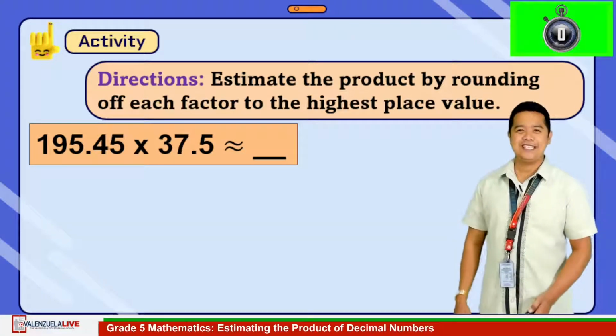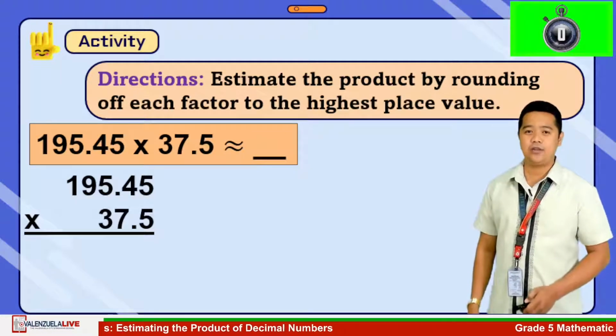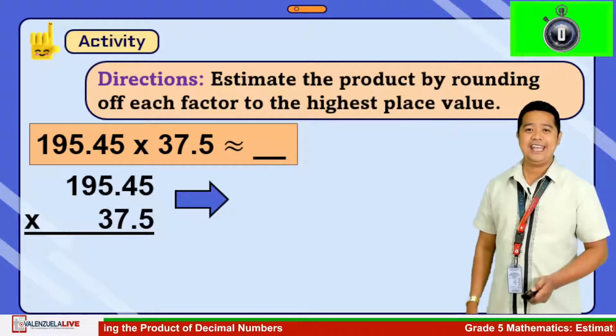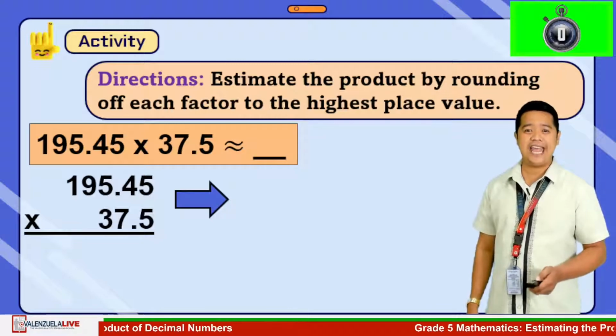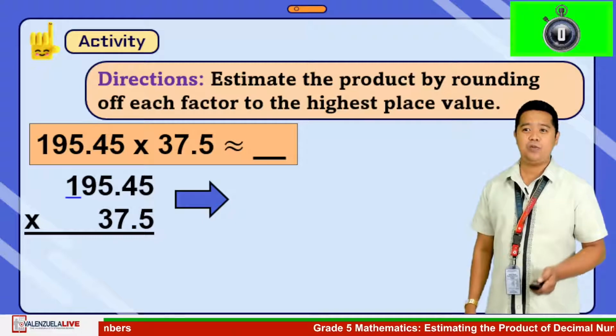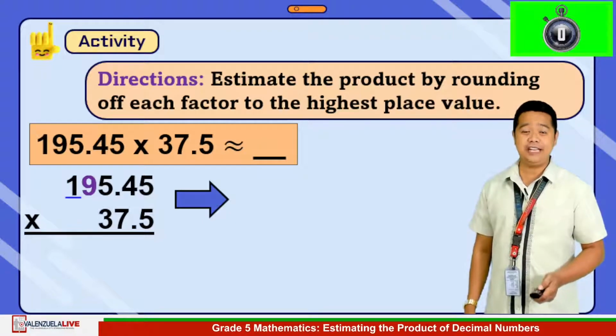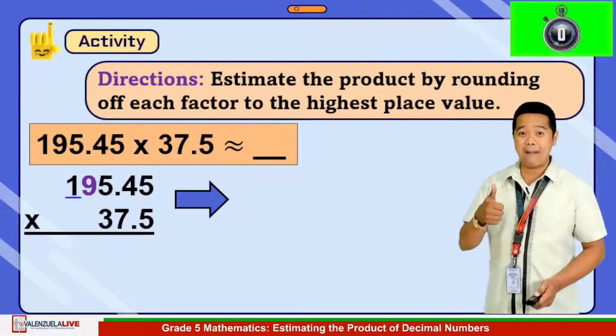Time's up. So let us apply. First, write the factors in column. And then get the rounded factors to the highest place value. Again, the number to be rounded is 1, followed by 9, which is greater than 5. So we will round up.